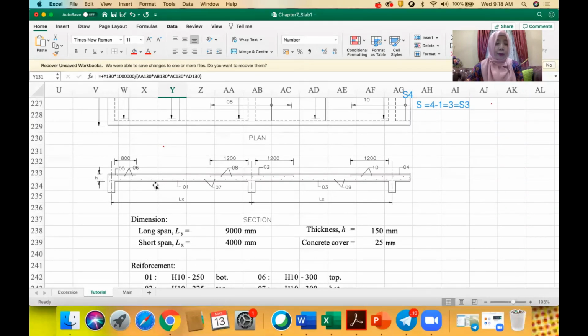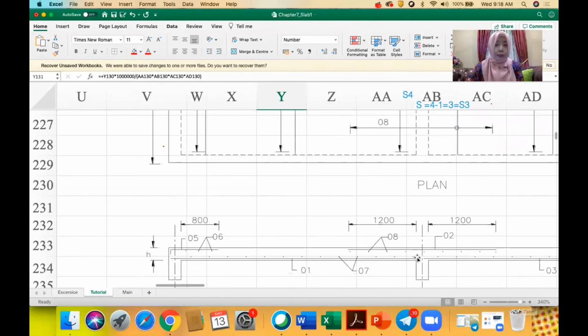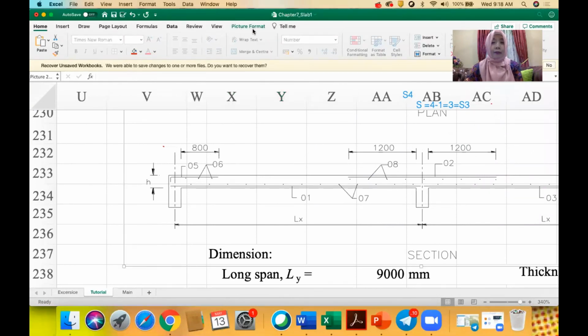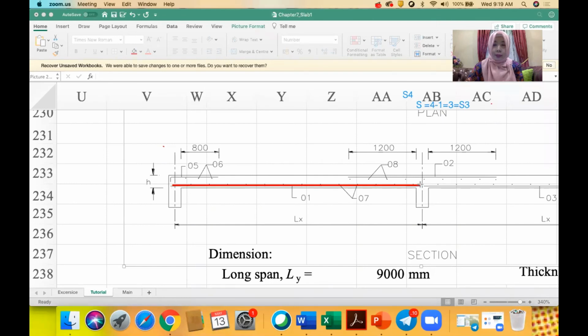Okay, now you need to locate the main steel first, 01. Okay, draw. You must put at outer layer. You can see here at outer layer. So this is the main steel.